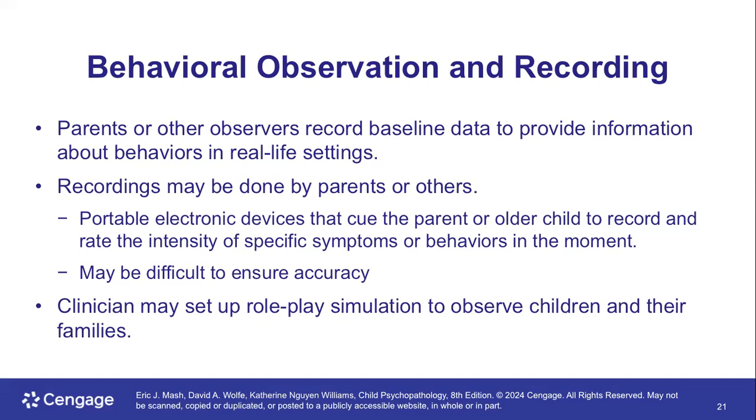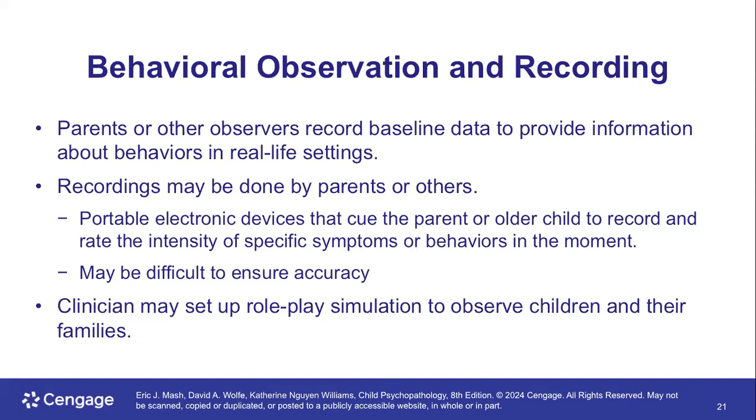And we take note, and that serves as a pre-treatment measure. Then we might engage in treatment, which we'll talk about in another video. And then we're going to take that same observation and see if the behavior is increasing or decreasing as a function of the treatment. So that's called RTI, response to intervention, right? So we want to keep track. We knew before treatment they were acting this way. After treatment, they're behaving this way.